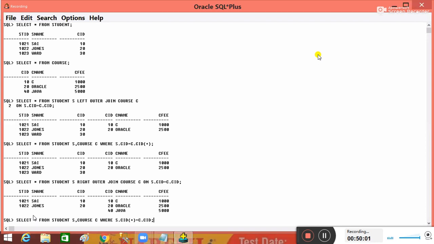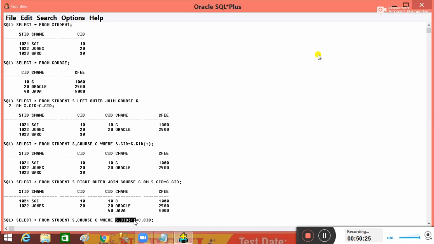It means we are taking complete data from the course table, but matching data from the student table. Plus symbol means only matching data. On whichever table you applied the plus symbol, from that table it retrieves only matching data.